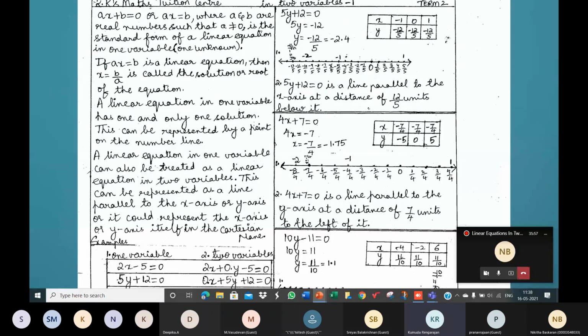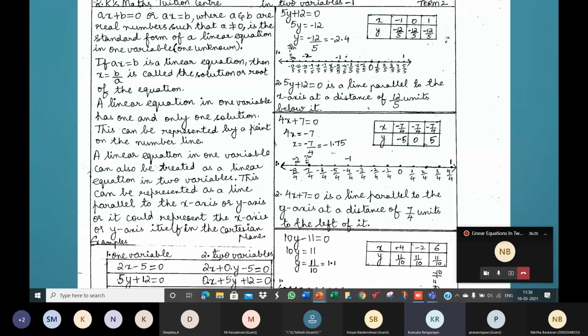X plus 2 is a polynomial because the power of x is a whole number. It is an algebraic expression. And what is that whole number?